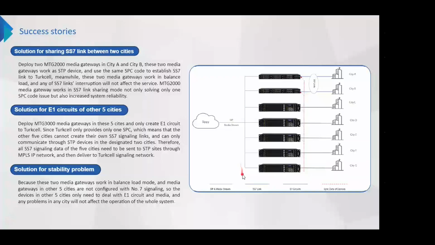So we also provide flexibility, and allow you to add more E1 or T1 in different cities. So here is our success story. Since time is quite limited, we only shared one success story here.